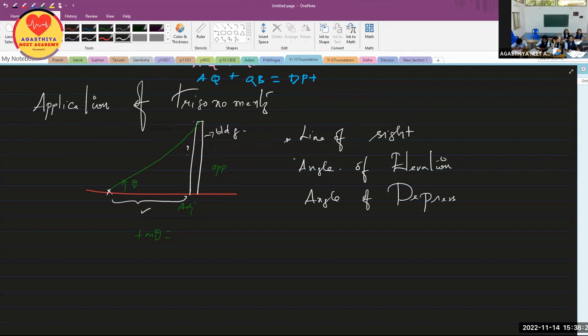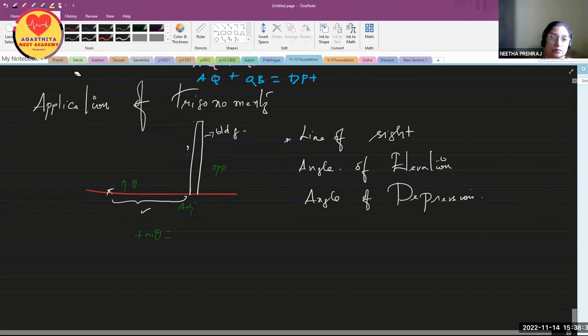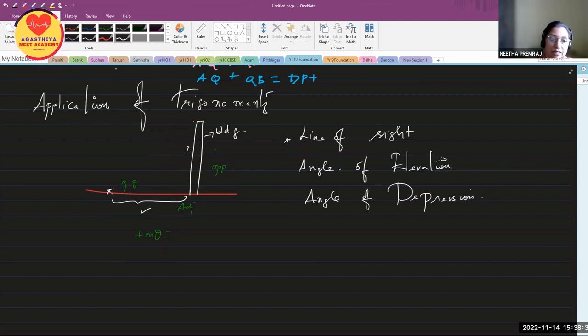Have you heard the words? Okay, so what is line of sight? See, there is a person looking at the top of the building. So the line of sight will be like this. This is called the line of sight.